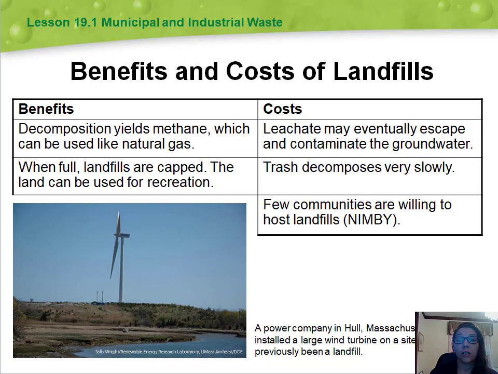So let's talk a little bit about some of the benefits and costs of landfills. So what happens to a landfill after it's closed? After a landfill is closed, it is capped with an engineered cover that must be maintained. This cap consists of a hydraulic barrier of plastic that prevents water from seeping down and gases from seeping up.